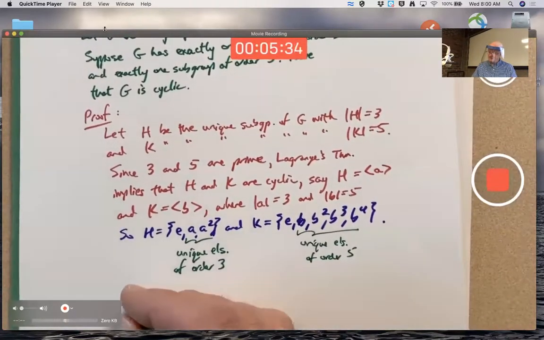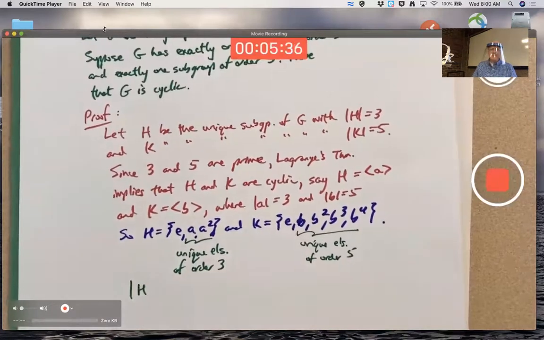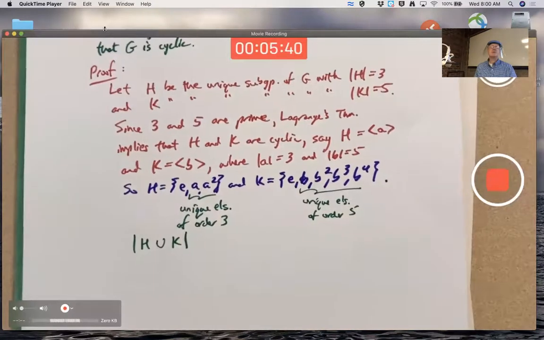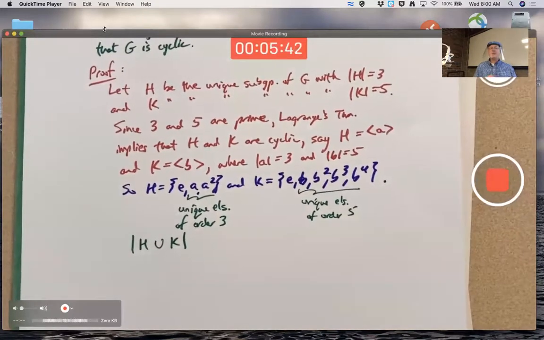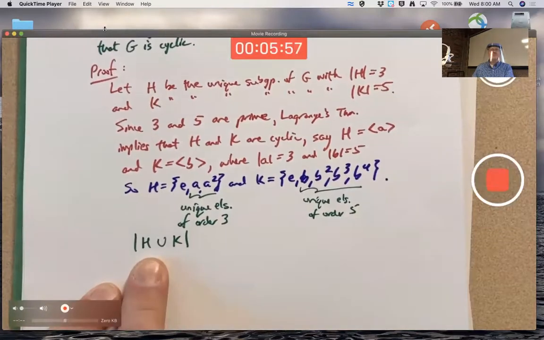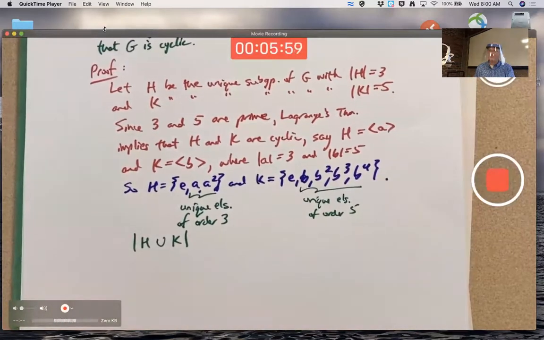Altogether, the size of the set H union K, which by the way would not necessarily be a subgroup. In fact, it would not be a subgroup of G. Intersection of any two subgroups is a subgroup, but the union in general is not. But I can still use order notation to say how many elements.